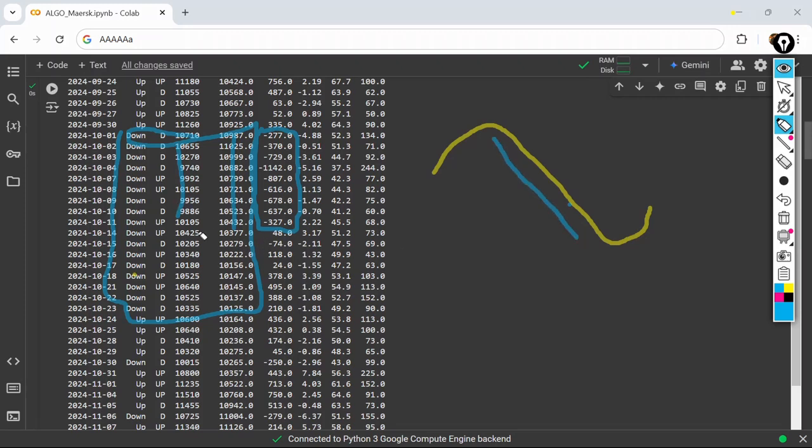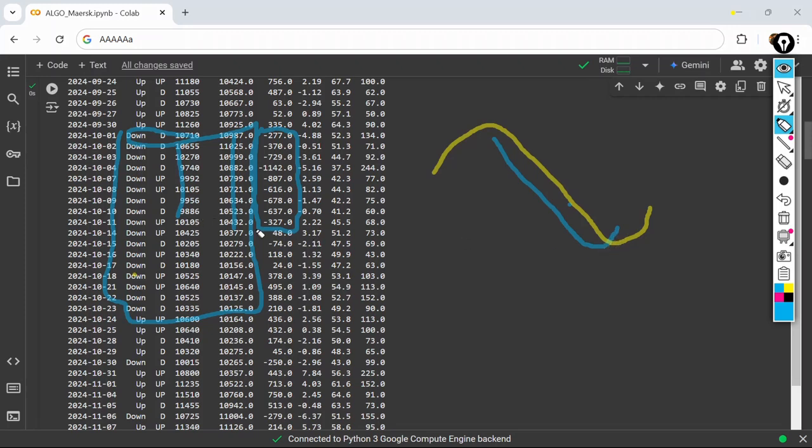When the stock close price gets close to the regression line, for example, yellow is the regression line and this is the closing price, this is the area we are interested in.